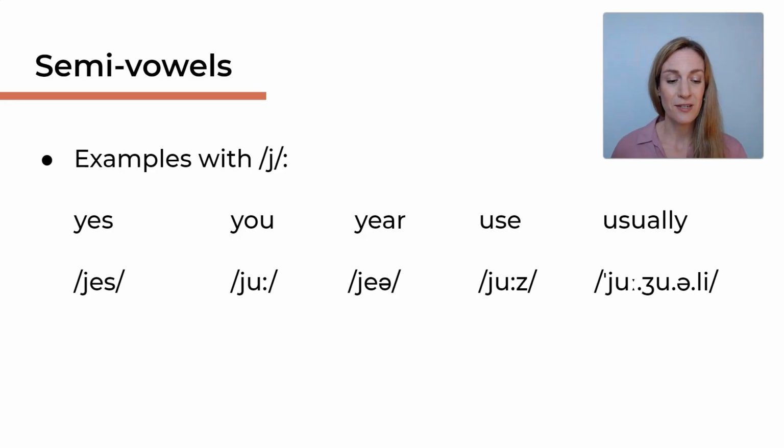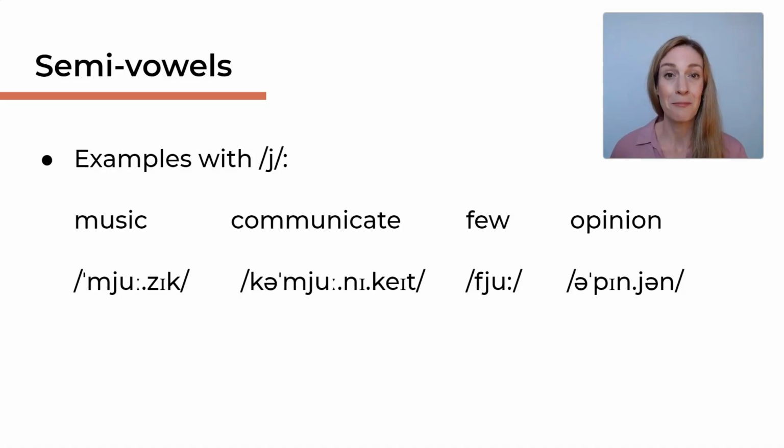There are, of course, more words with y, where you can find y in the middle as well. So here are a few examples. We have the word music. So we have m, y, u, music. Communicate. So in both of those words, again, y is actually represented through the letter u.